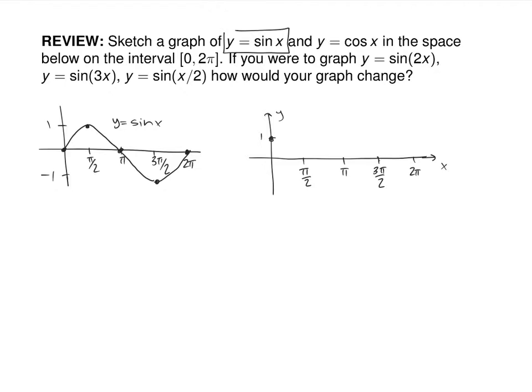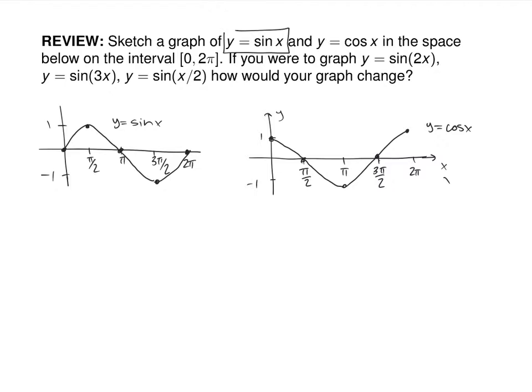Then it goes down to 0, down to -1, back up to 0, and then 1. Yep. So we can graph those pictures, yes? So there's y = cos x.